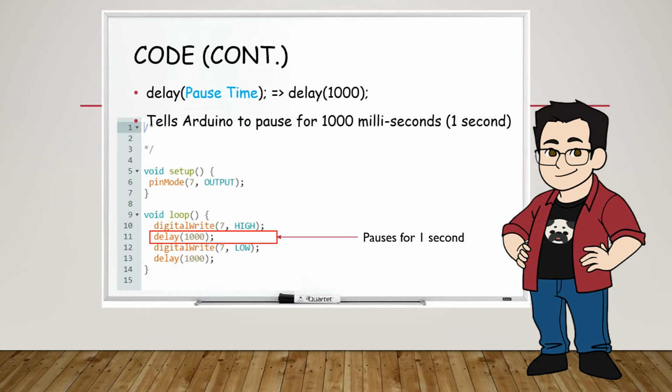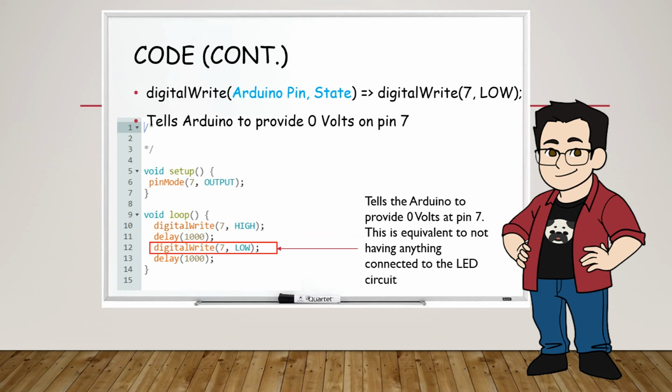The delay command causes the Arduino to pause for however long you tell it to. The number between the parentheses is the pause time in milliseconds. A pause time of 1000 milliseconds is equivalent to 1 second. In line 12, we're using the digitalWrite command again, but note that instead of a HIGH state like what we used in the previous digitalWrite command, we're using a LOW state.